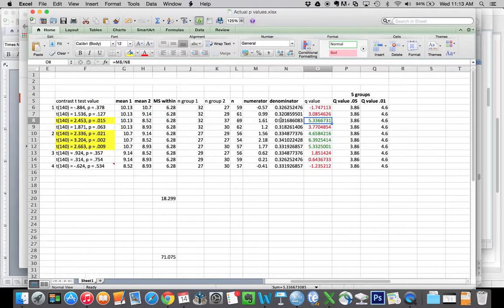If we look at that real quick, all of those yellow ones match up with the green ones. So what I think SPSS did, or at least what we might include in the write-up, is that it did use the Q value statistic, which helps protect against type 1 error by using a more stringent critical value to declare that a post hoc test is statistically significant.